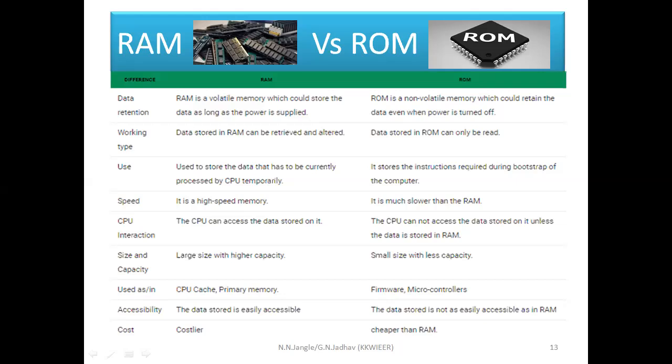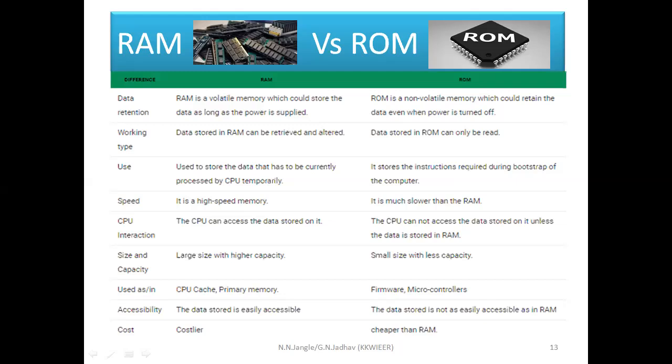RAM is used in CPU cache or primary memory, whereas ROM is used in firmware or microcontrollers, etc. RAM can store and is easily accessible, that is accessibility. RAM data is accessible easily, whereas the data stored in a ROM cannot be as easily accessible as it is in the RAM.